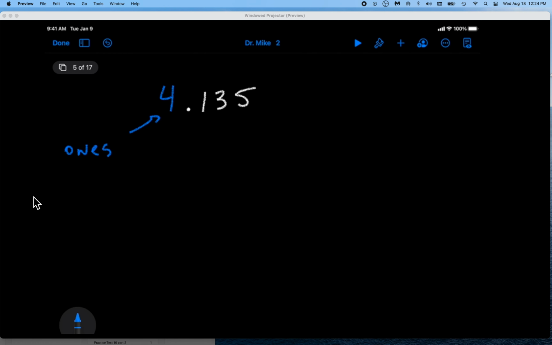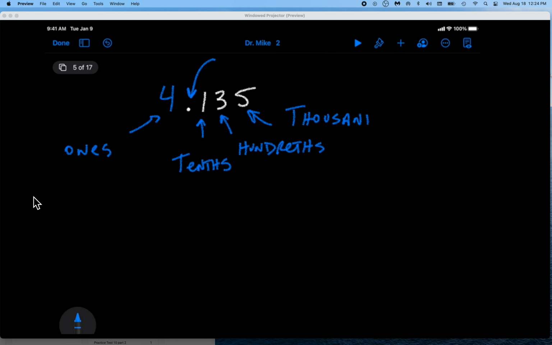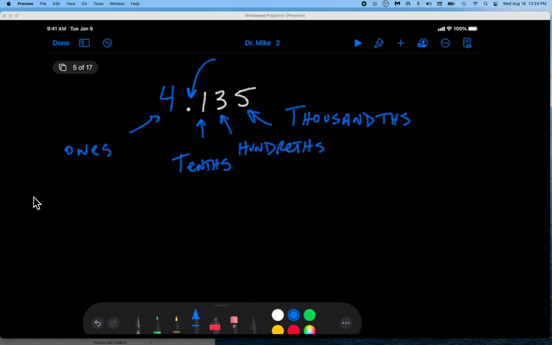But when we move past our decimal point, which is right here, this is our tenths, this is our hundredths, this is our thousandths. I think that's spelled right. Well, maybe there's no D in there, not sure.